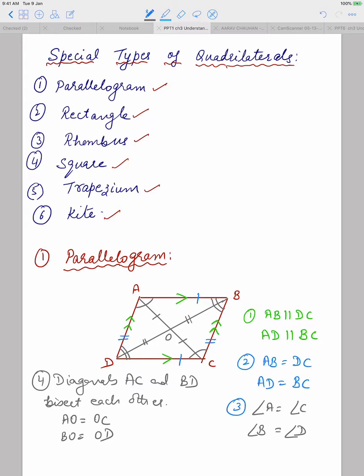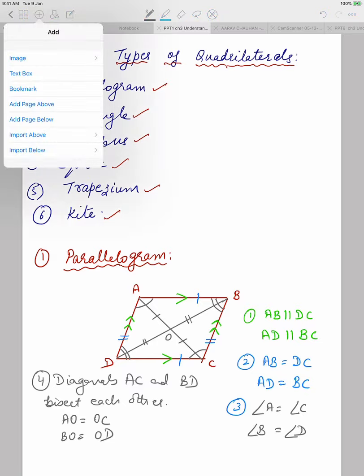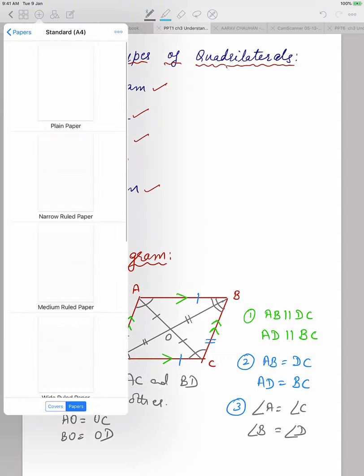Now the next figure is a rectangle. What is a rectangle? The second figure I am talking about is a rectangle. A rectangle is also a special type of quadrilateral. So suppose I draw a rectangle, what are the special properties of a rectangle?